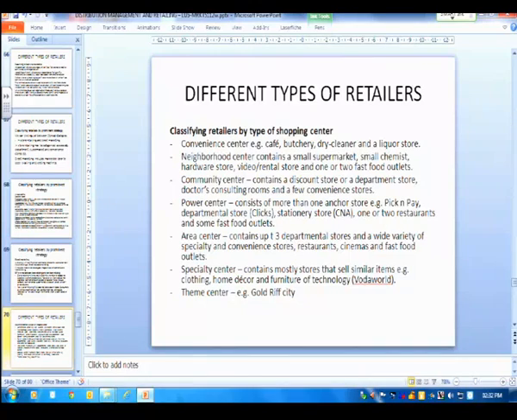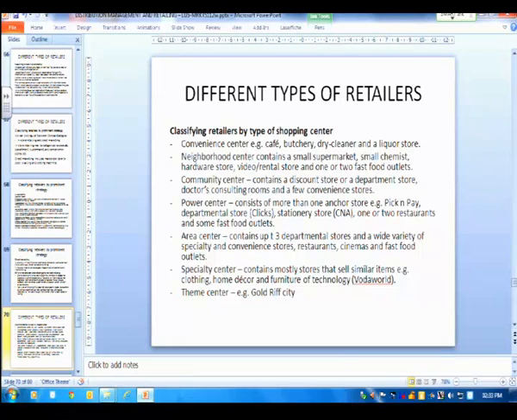This consists of more than 1 anchor store, for example, Pick and Pay, a departmental store like Clicks, a stationery store like CNA, 1 or 2 restaurants, and some fast food outlets. And then area center contains up to 3 departmental stores and a wide variety of specialty and convenience stores, restaurants, cinemas, and fast food outlets.